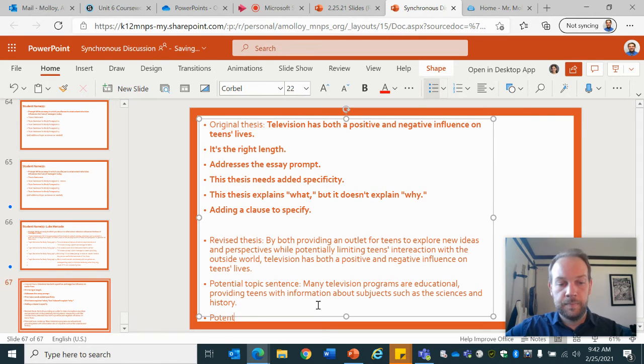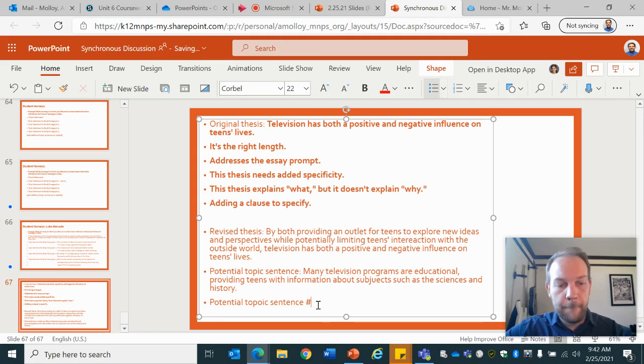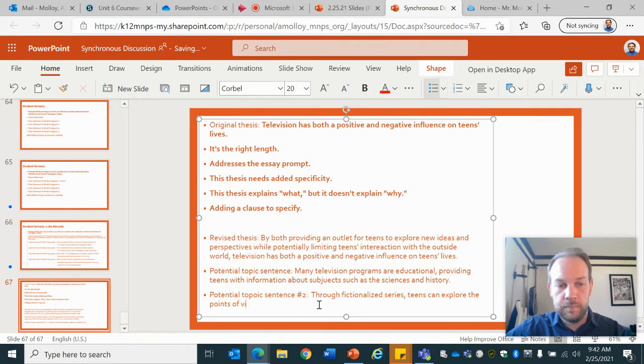And so here's another one. Again, about perspectives, I could say that for fictionalized series, let me say points of view, you then have greater empathy.